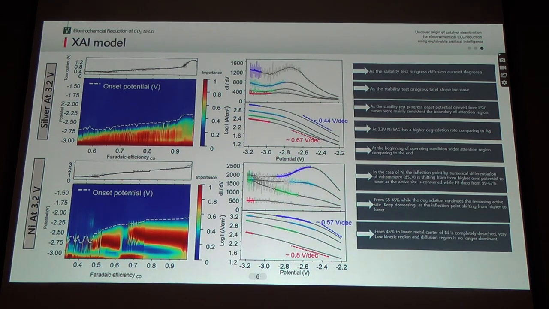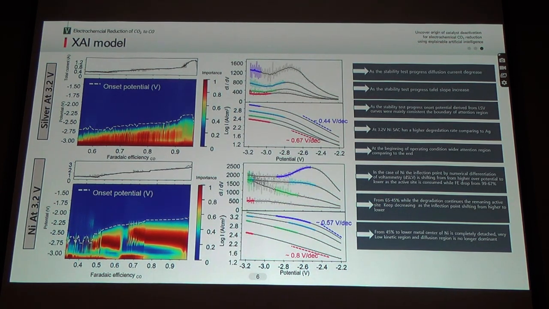The reason is actually coming from the intrinsic properties of the catalyst: at the beginning the active site is decreasing, and then we have the attention region, and then the active site keeps decreasing. On the last part, when the performance has dropped, the metal center of the nickel is completely detached, with a very low kinetic region, and the diffusion region is not dominant anymore.